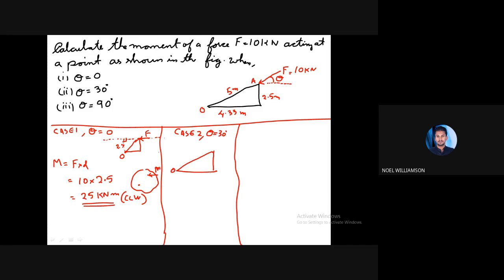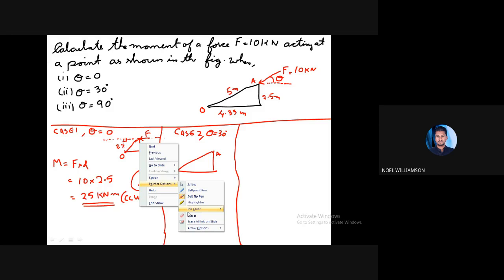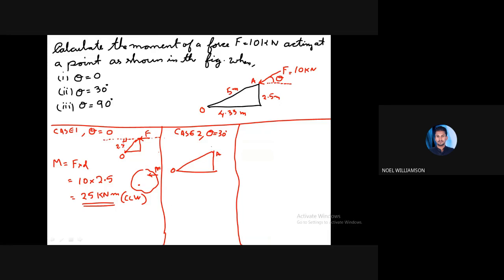Here it is O, this is A, and the first one is the vertical component. So when a force F is acting like this, the vertical component will be acting like this and the horizontal component will be along this direction. Here theta is given with respect to the x-axis, right? So the x component will be cos theta. So this is F cos theta and this is F sin theta.